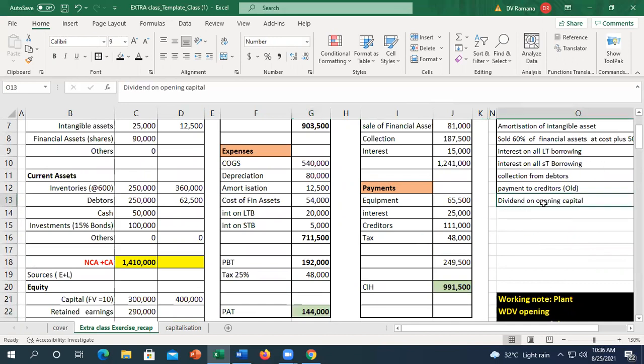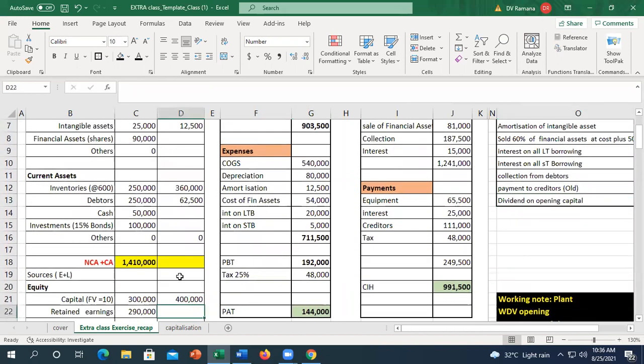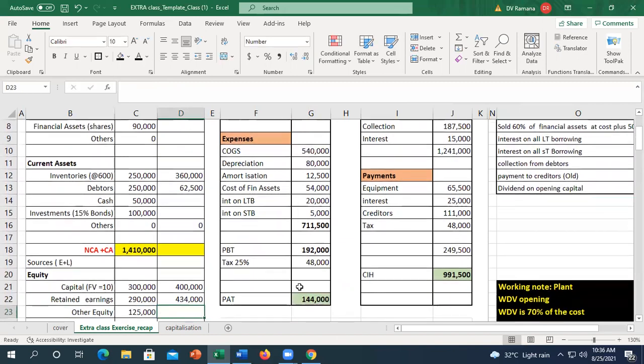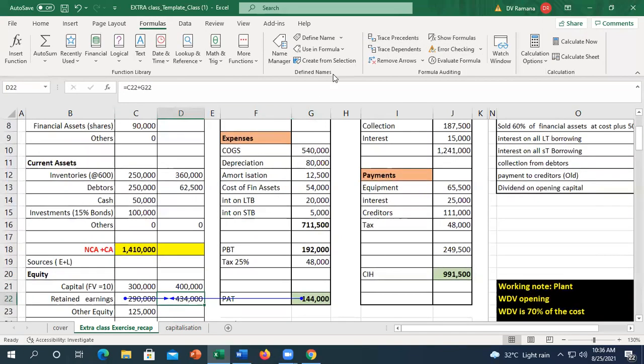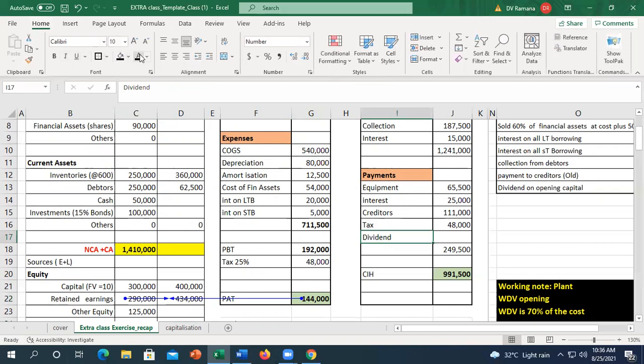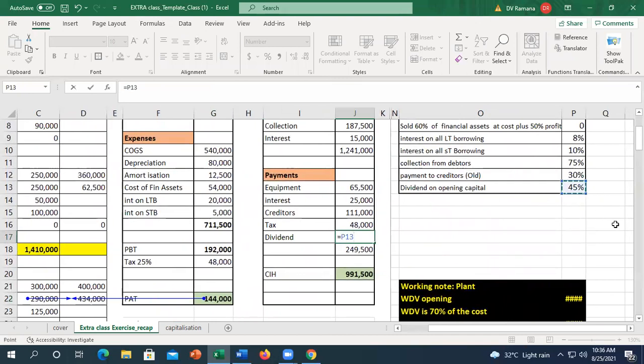If no information on the dividend had been given, then we would have transferred the entire PAT to the reserves. But here there is a dividend. It has been mentioned. The company has distributed dividend to the extent of 45%.